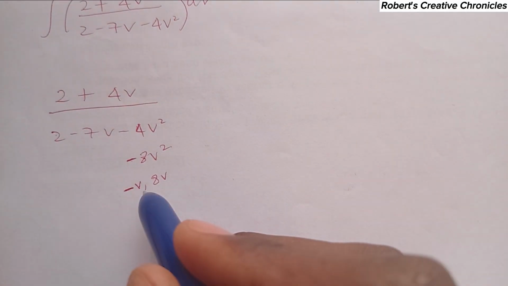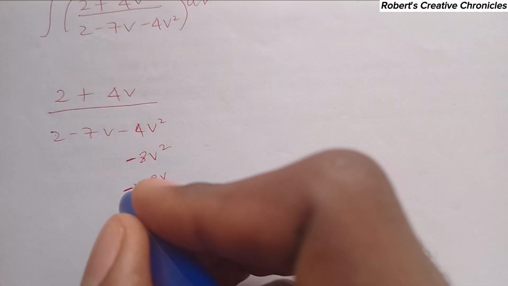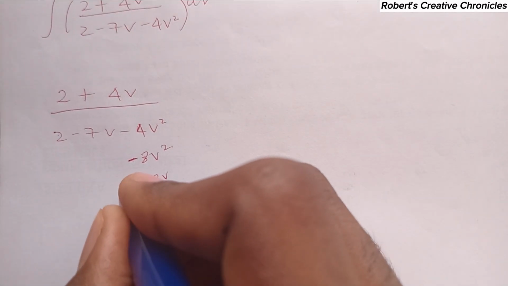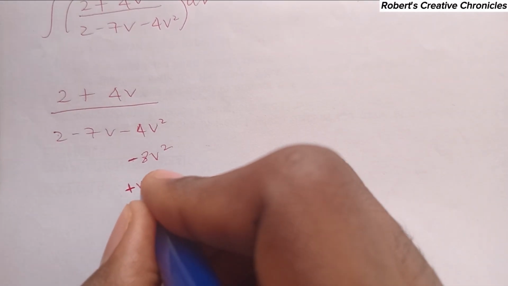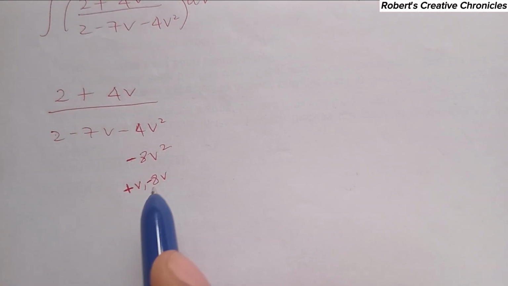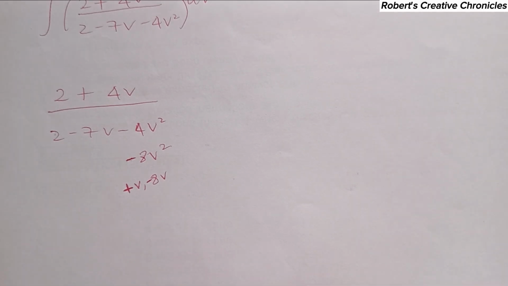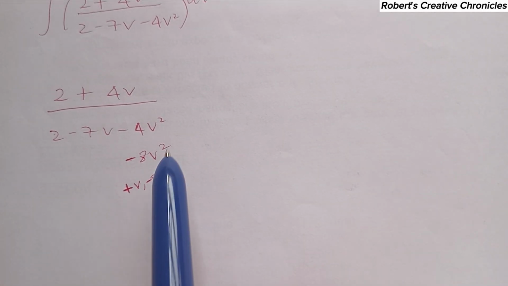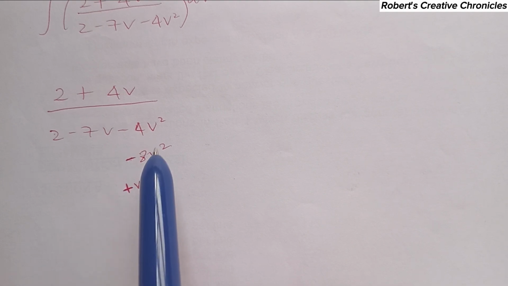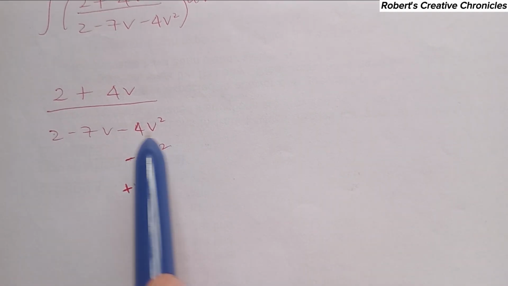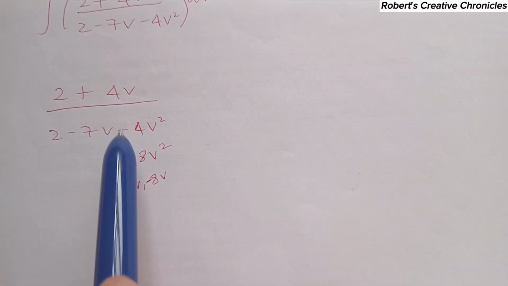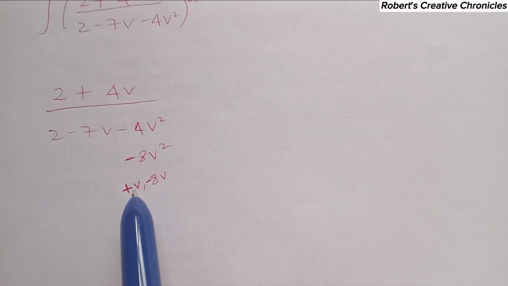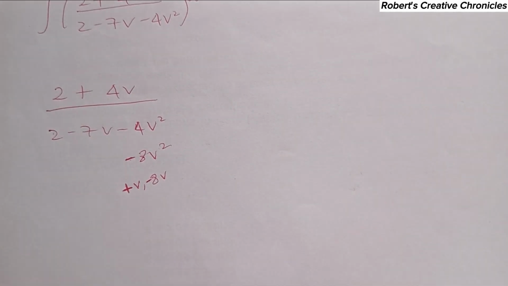Is minus 7? Okay, that means this will be the one that carries the positive, and this one will carry negative. So 1 minus 8 is minus 7. So v minus 8v will give us minus 7v.